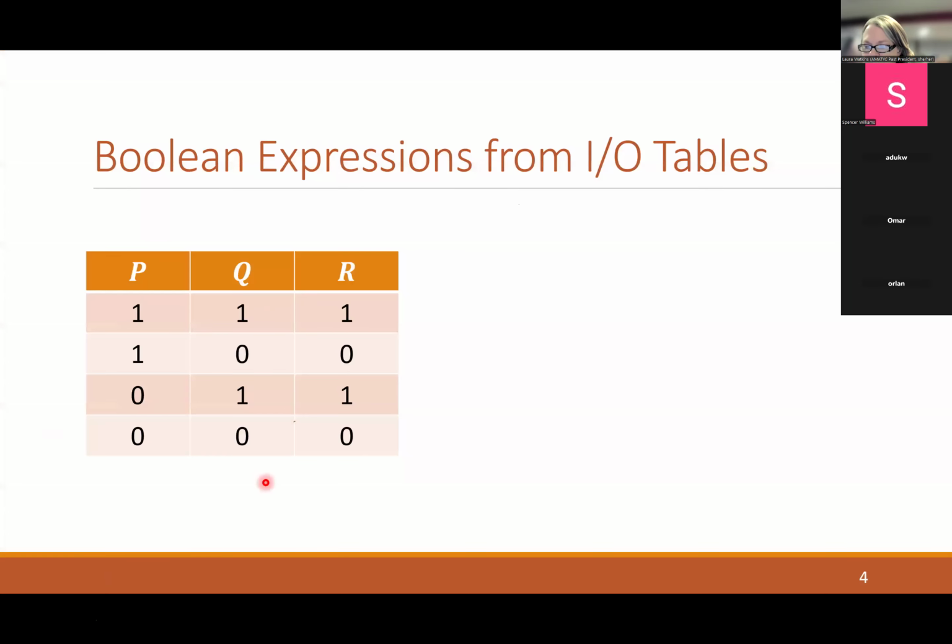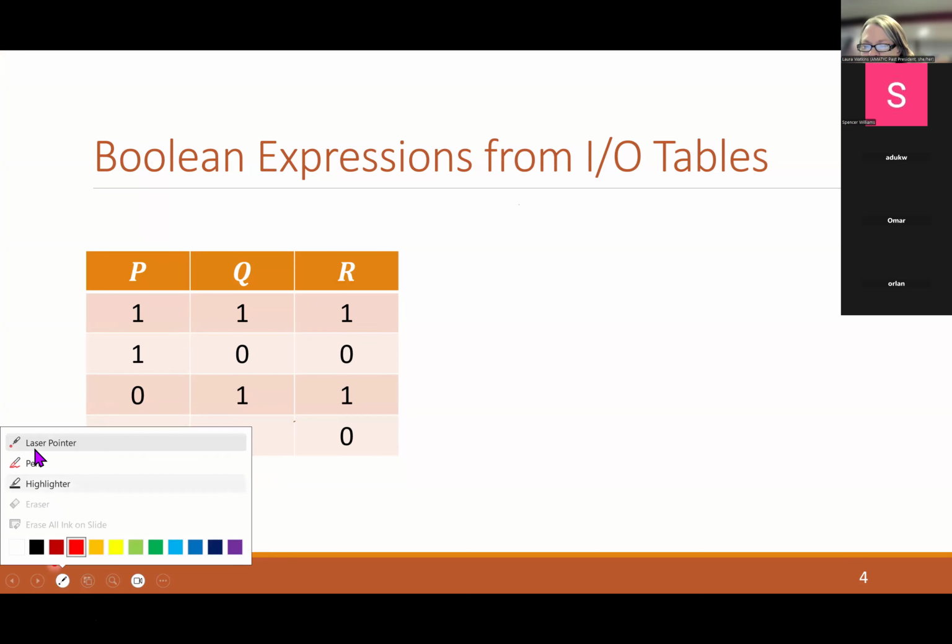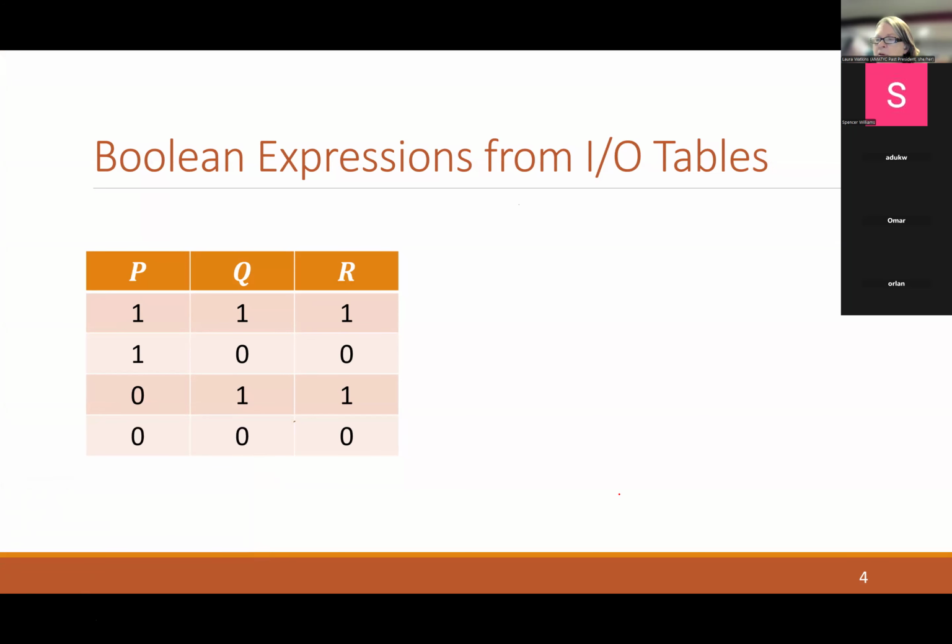which is here. Okay, so here we have an input-output table from some circuit or from somewhere else. It may not even be a circuit. But we've been talking about circuits as a way to envision how these truth tables might be represented in the real world.